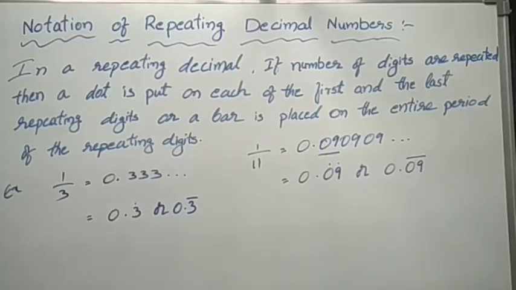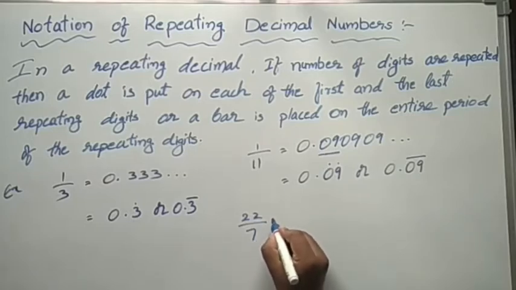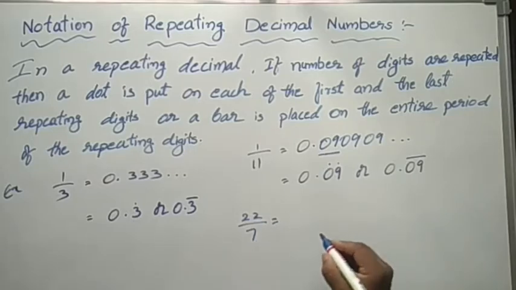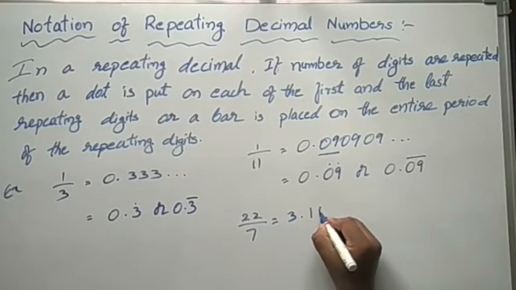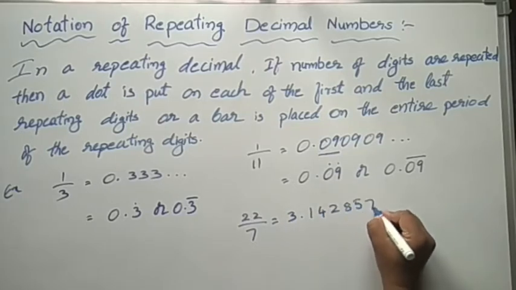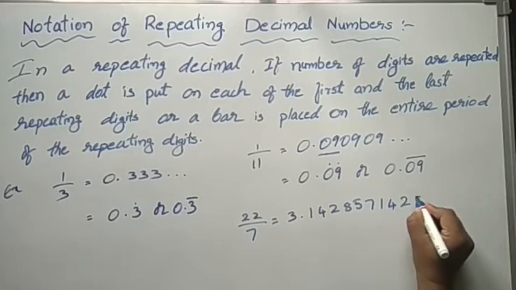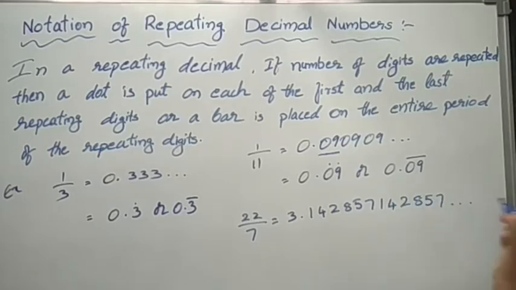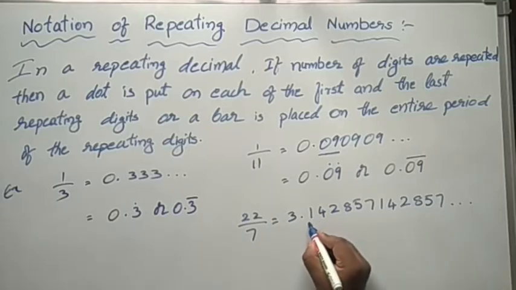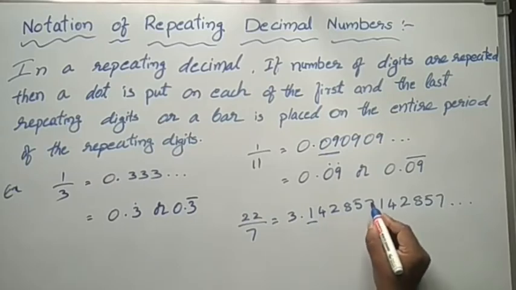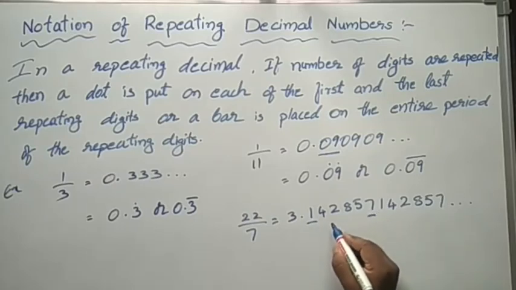So I'll take one more example. 22 by 7, that is equals to 3.142857 and so on. Here see, the first digit after the decimal is a 1, and the last digit is a 7 because up to here all these digits are repeating continuously.